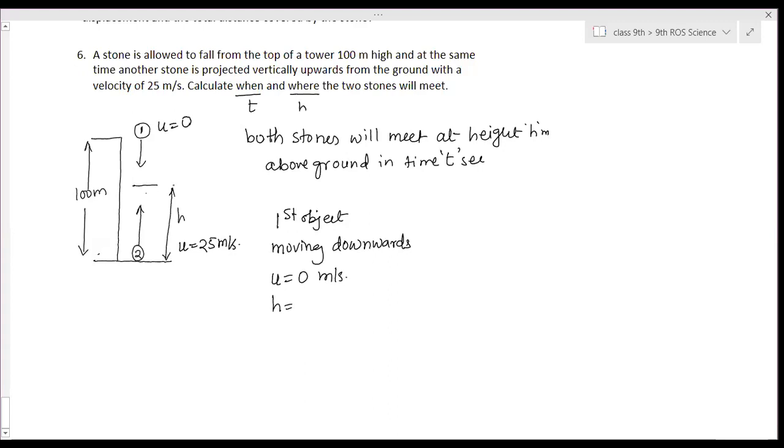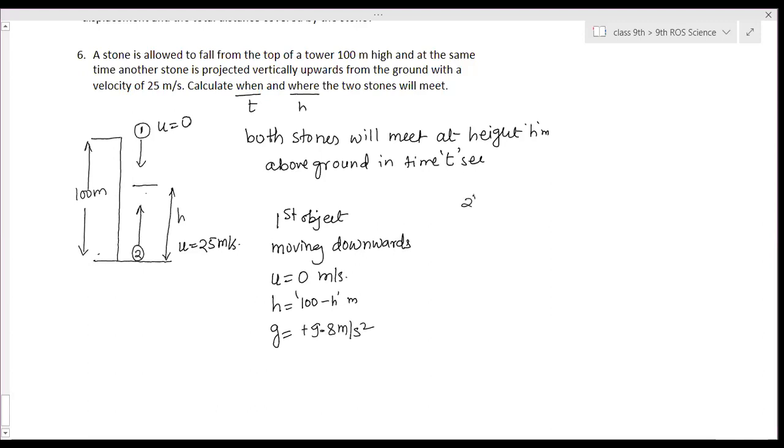They meet at h meters from the bottom, so before meeting it has covered 100 minus h meters. And since it is moving downwards, g is equal to plus 9.8 meters per second squared.